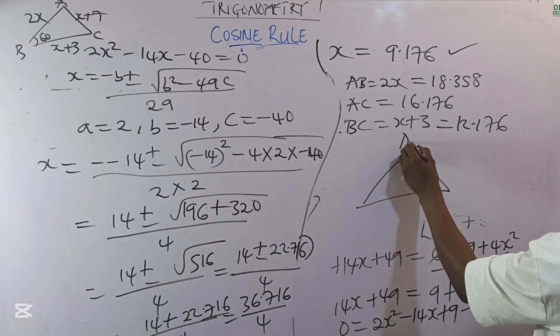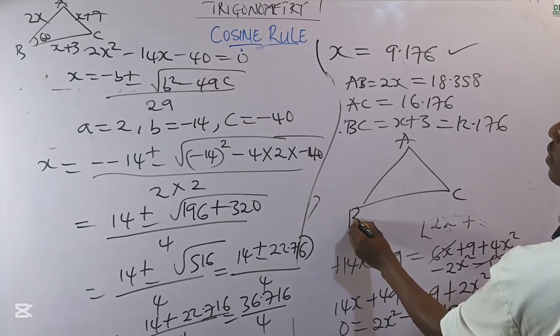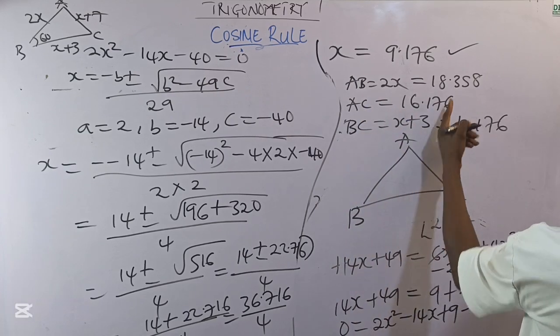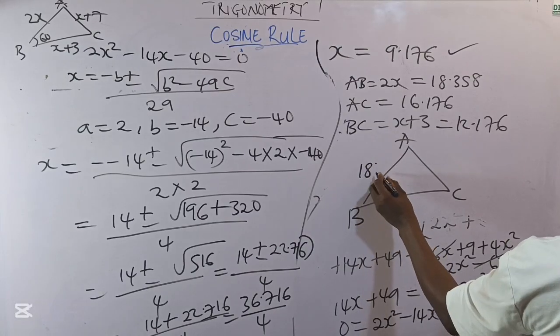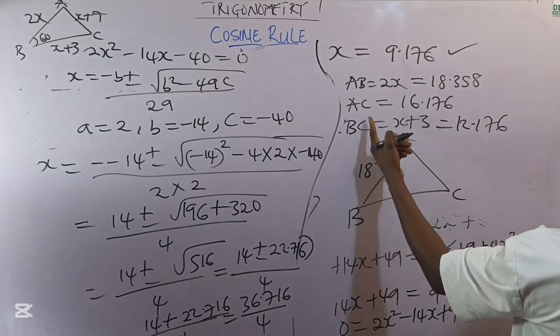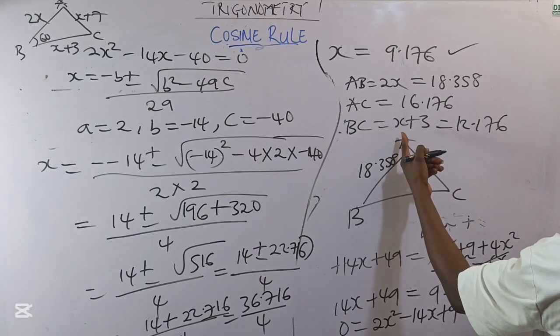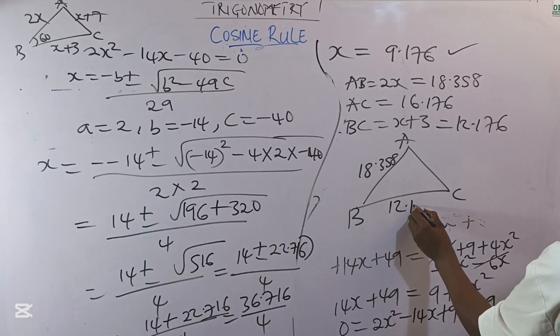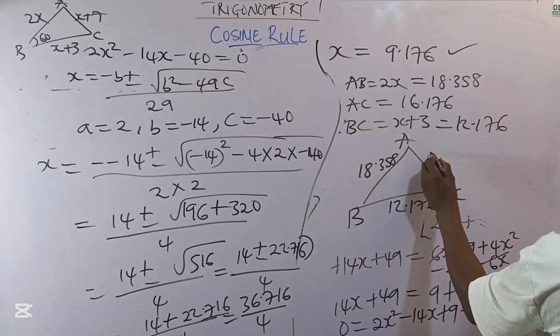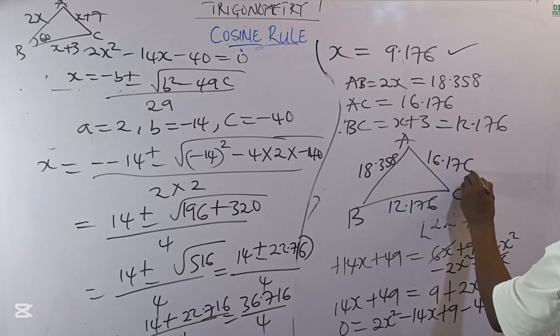Now if you check, let me use a triangle ACB. So my AB is this, which is 18.358. BC is 12.176. And the last is AC, which is 16.176.